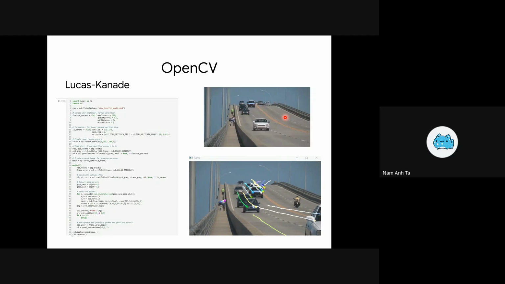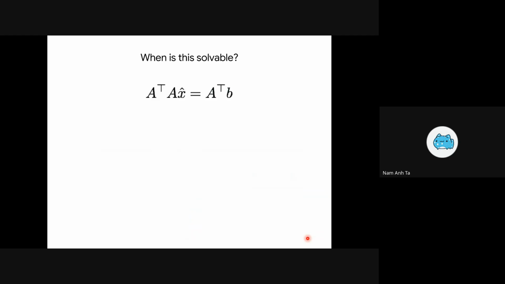You can see many colored lines here. Each line corresponds to a tracked feature point, and the path from the start to the end of the line shows the movement trajectory of the optical flow of that point between frames, and the colors are assigned randomly so we can distinguish between the motion trajectories.